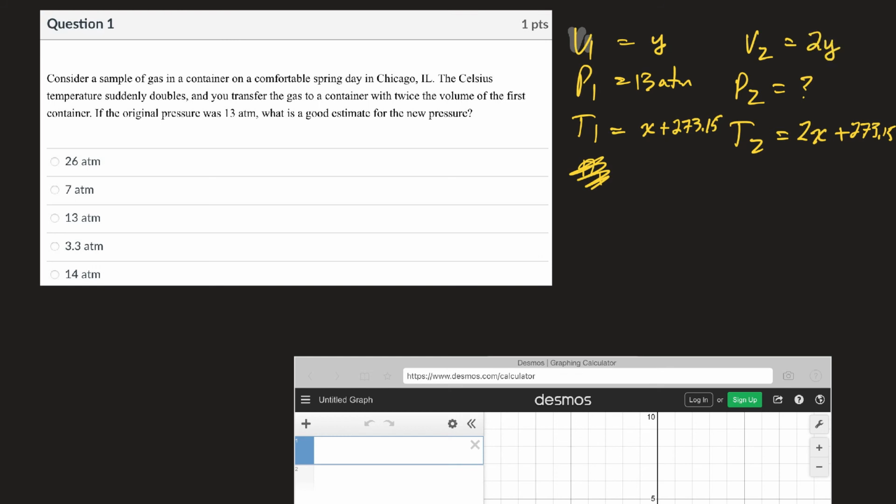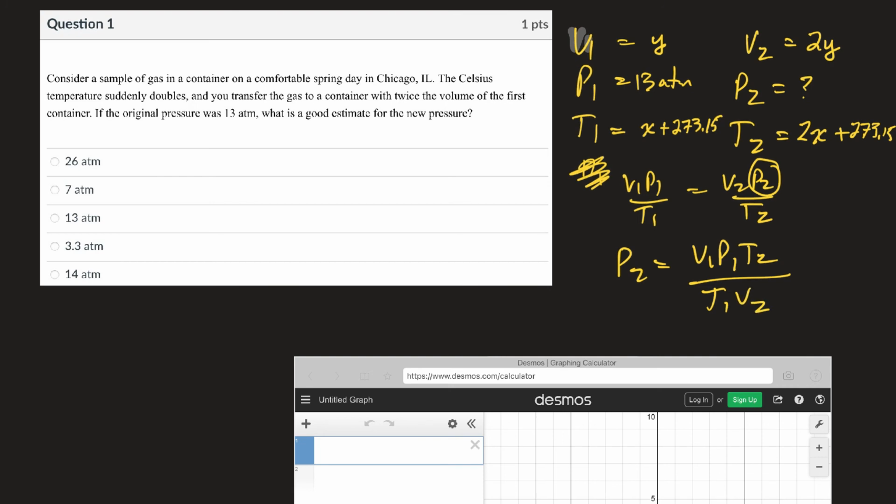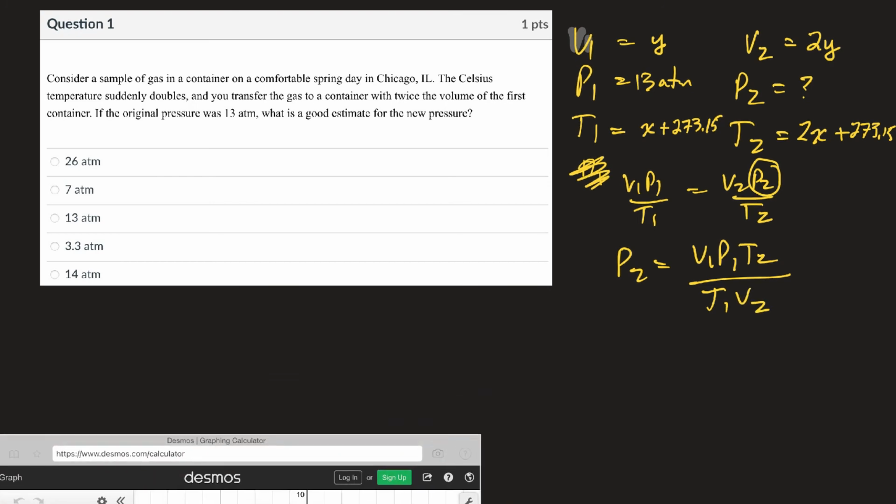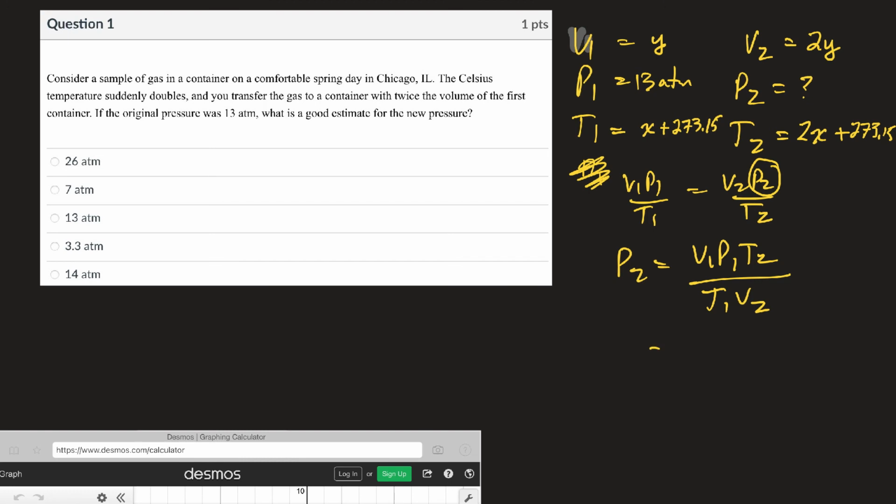Okay. So if I use V1P1 over T1 equals V2P2 over T2, I'm looking for P2. So P2 is V1P1T2 divided by T1V2.